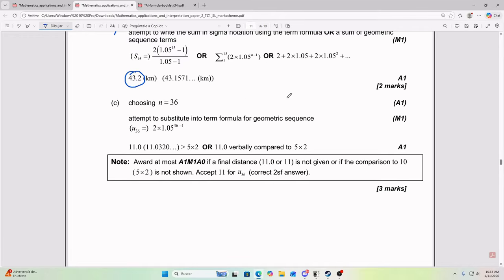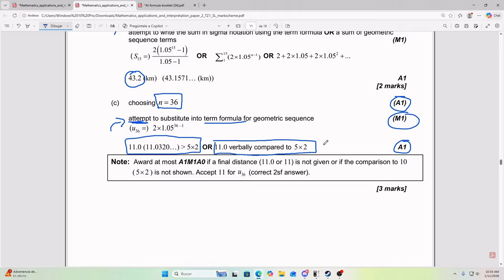And so you can notice, one of your points was identify n equals 36. That's the first challenge. The other point is attempting, once again, just attempting to plug into the geometric sequence term formula. And then the last point is literally saying 11 is greater than twice 5, or saying it verbally or whatever, right?